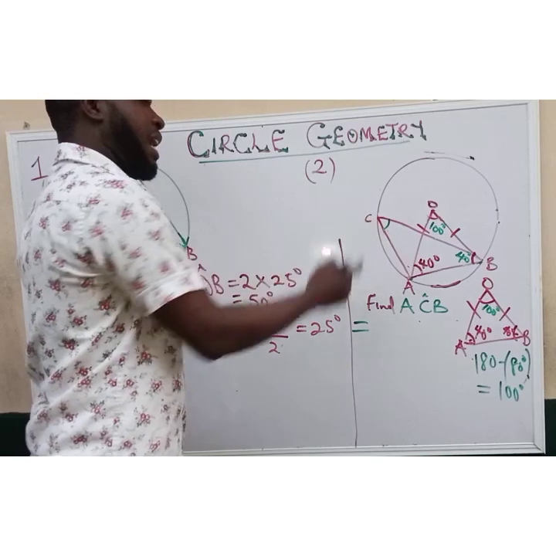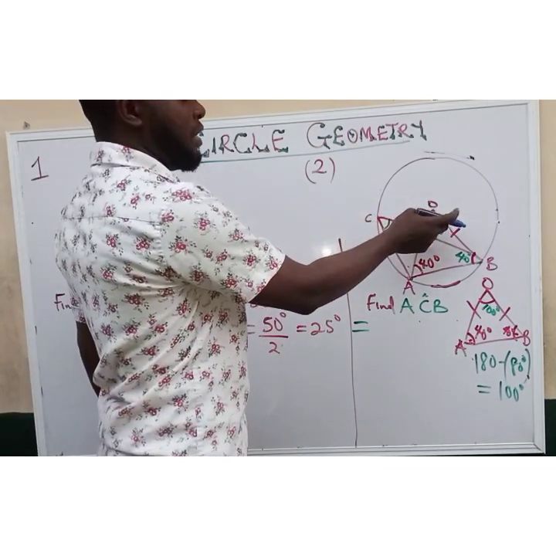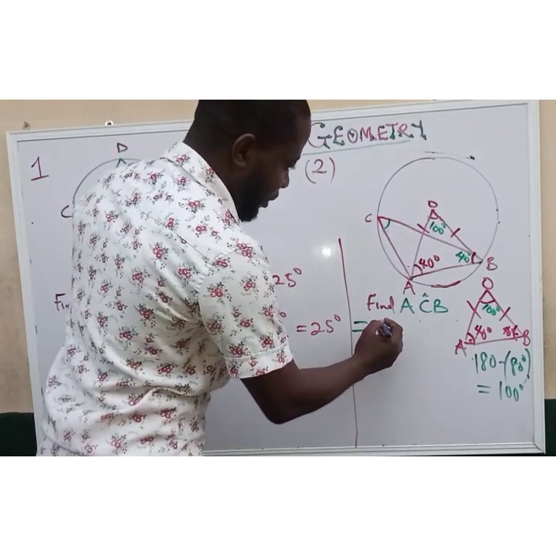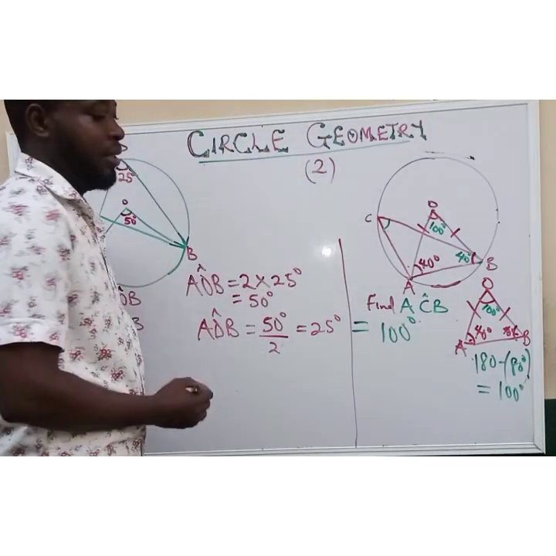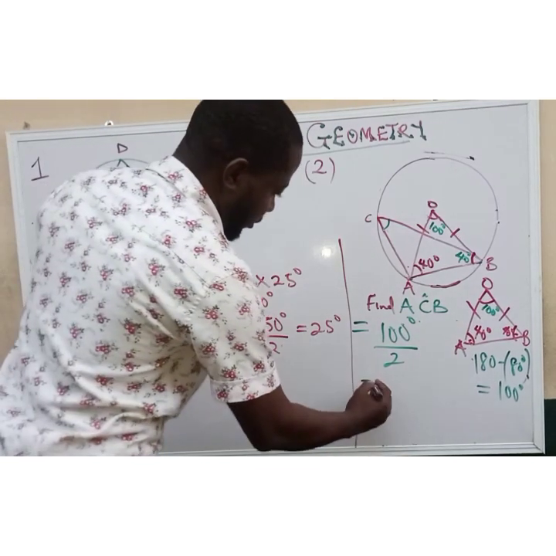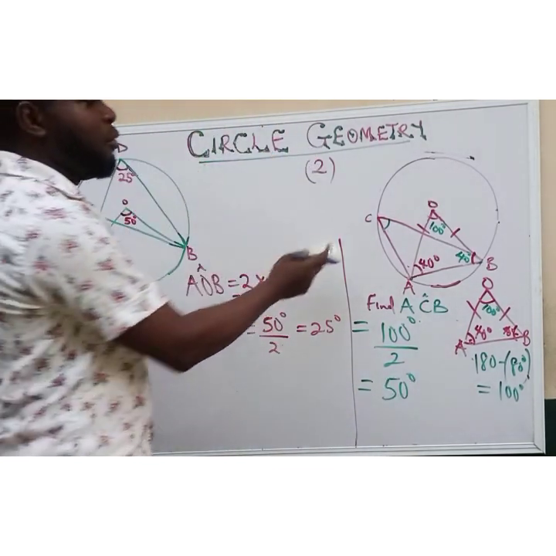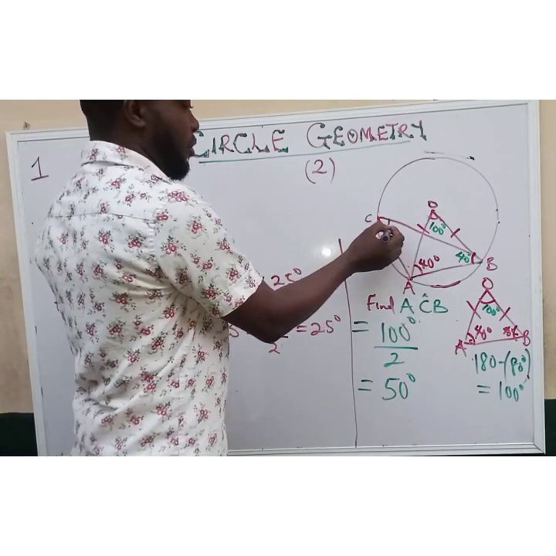So that means angle on the circumference is half of what? Angle at the center. So in that case, angle ACB will now be equals to 100 degree divided by 2, and that is going to give us what? 50 degree.